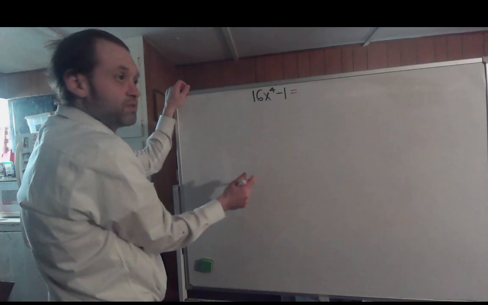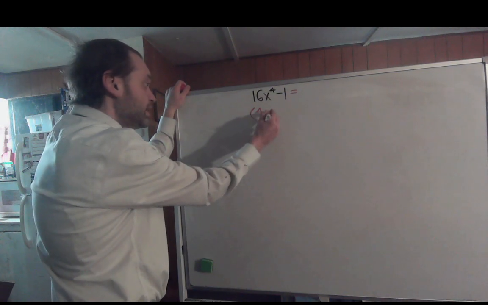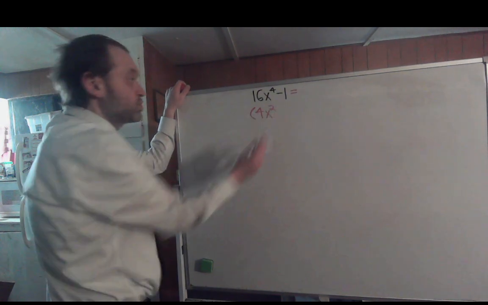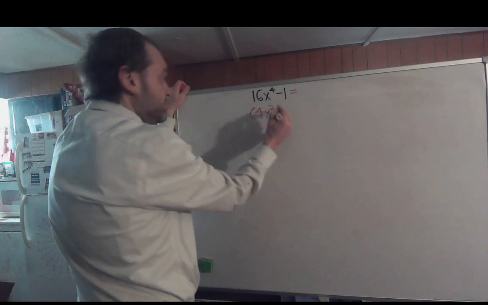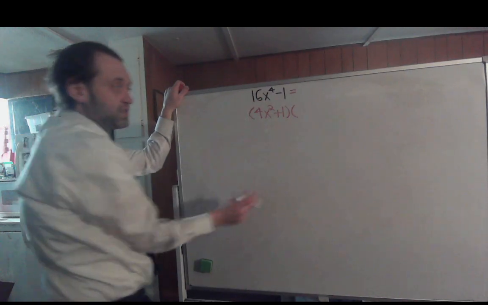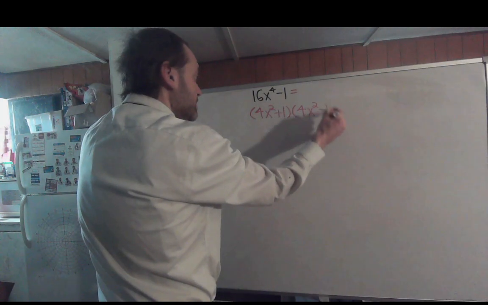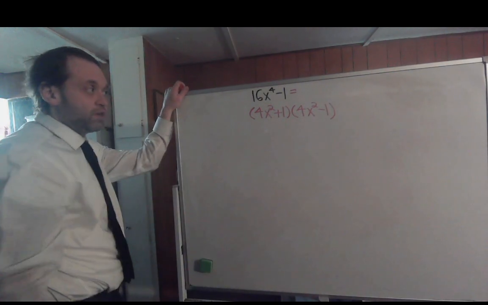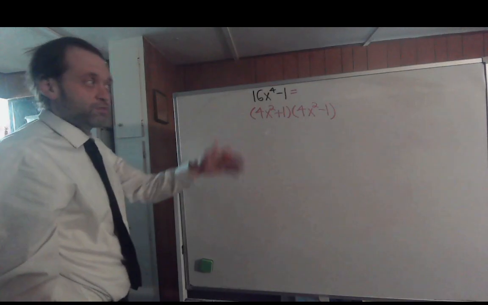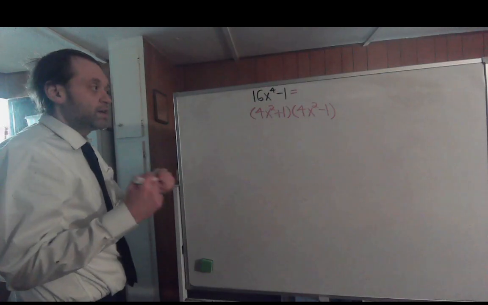So the square root of 16x to the fourth, well, that's just going to be 4x squared, right? You'd have 4x squared, and then you'd have a plus 1. And then, since this is the difference of two squares, you'd also have 4x squared minus 1. And if you FOIL these out, you would end up getting 16x to the fourth minus 1. So yes, we can indeed treat this as a difference of two squares.